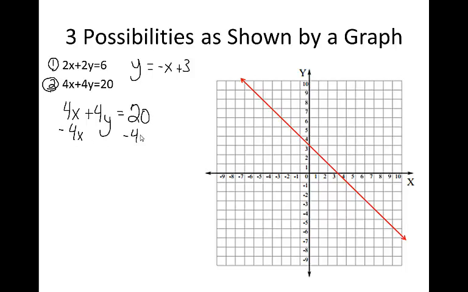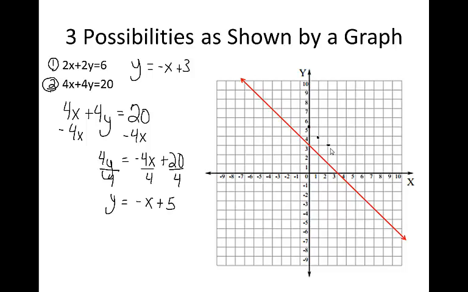Solving for y. So I know I'm going to have a y-intercept at 5 and a slope of -1.